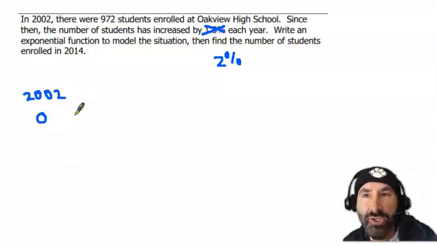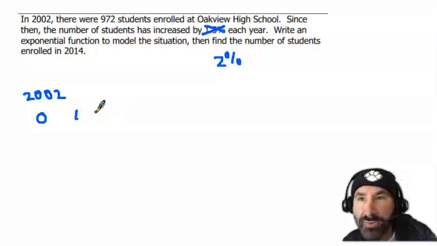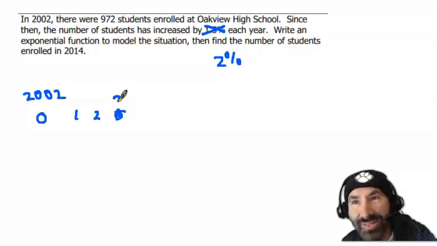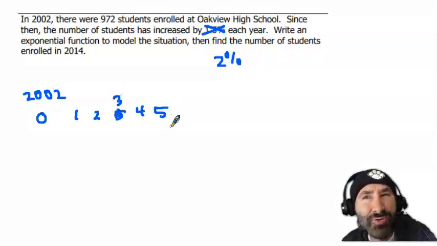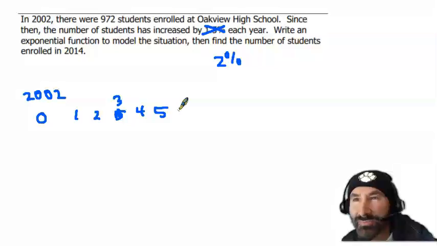And then just to make sure that I've got my count right, I'm going to go 2003, 2004, 2005, 2006, 2007. See, it seems like we're one behind, or more than one behind.